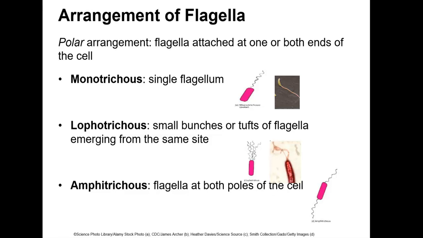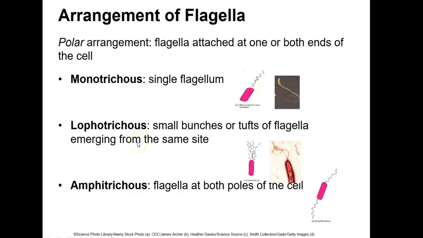Polar arrangements refer to having flagella at one pole or at both poles, the pole being the end of the cell. So a bacterial flagella arrangement can be described as monotrichous if there is a single flagella that is embedded in one pole of it and it's extending outward, as we see in this image.